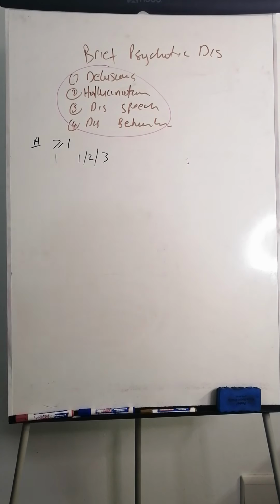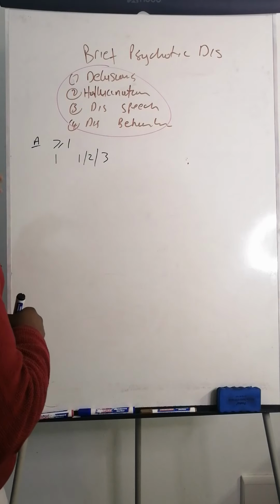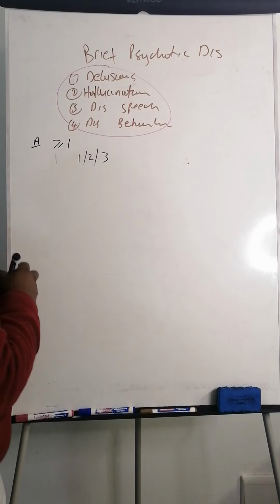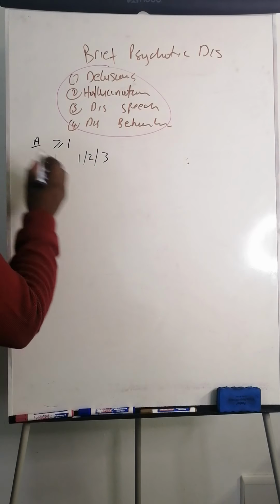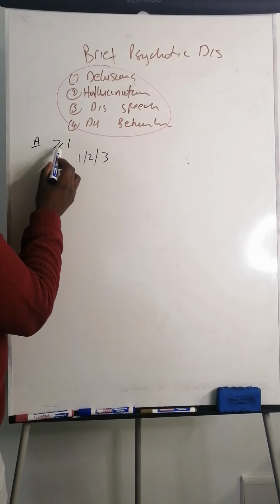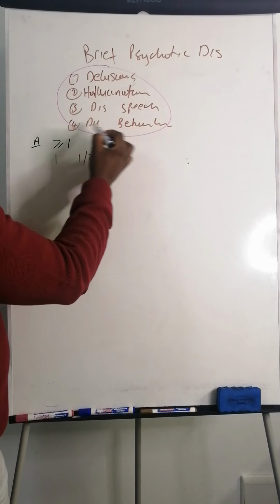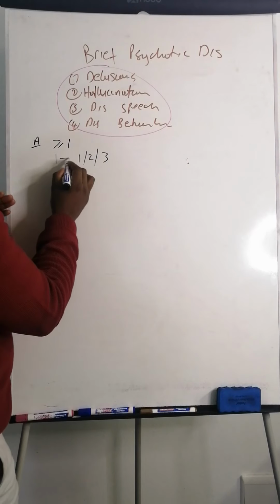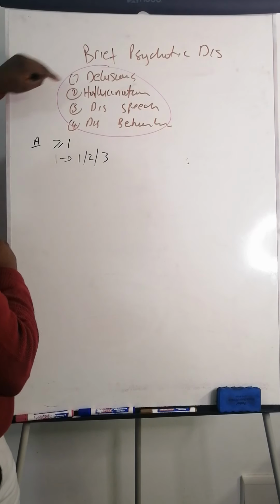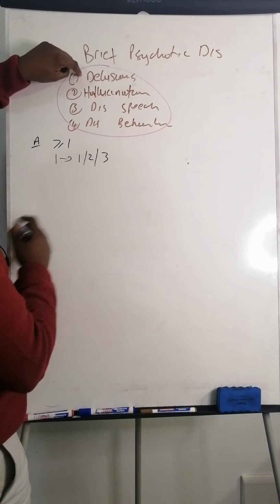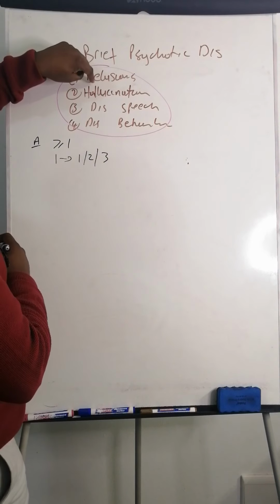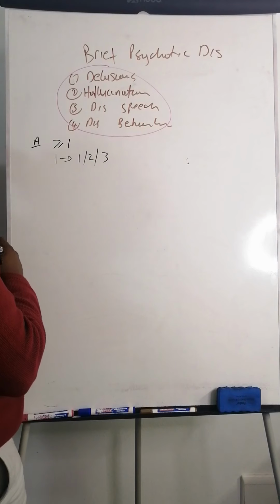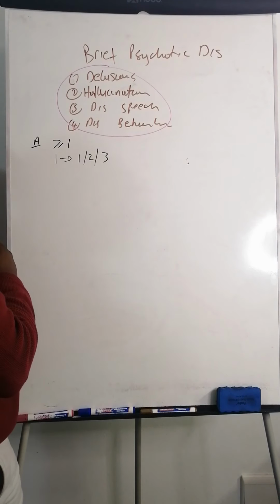So I'm going to repeat it again. For criterion A, for you to diagnose brief psychotic disorder, that patient must have portrayed one or more of these symptoms. And one of those symptoms must either be a delusion or hallucination or disorganized speech. That's what it says.